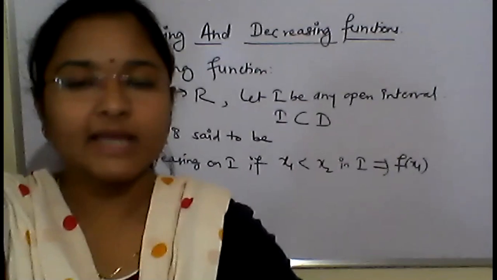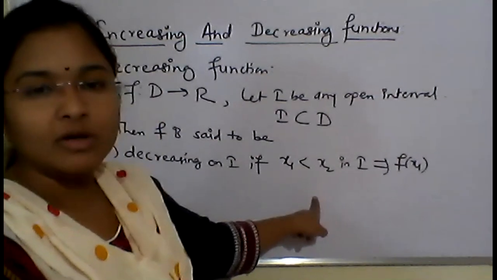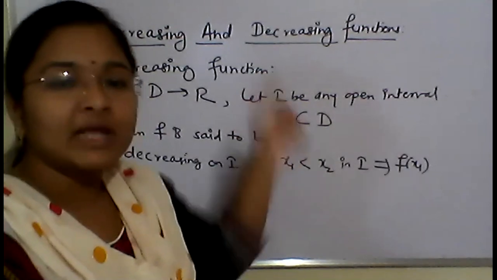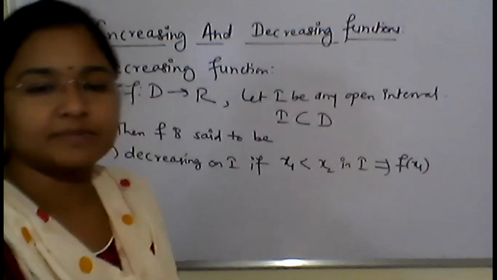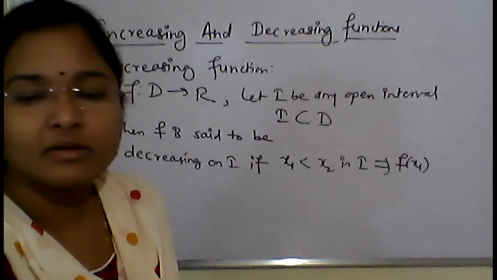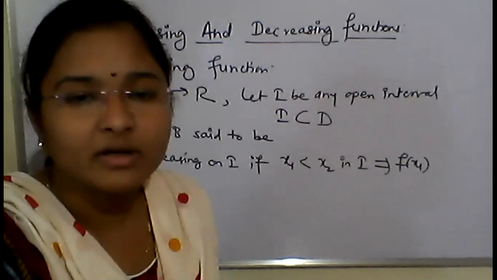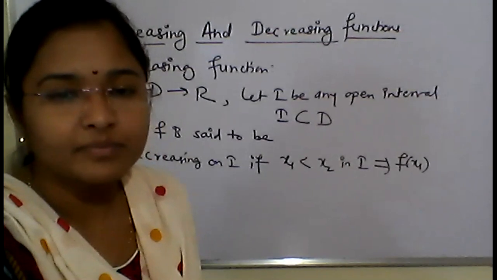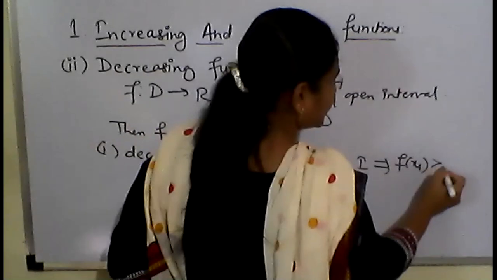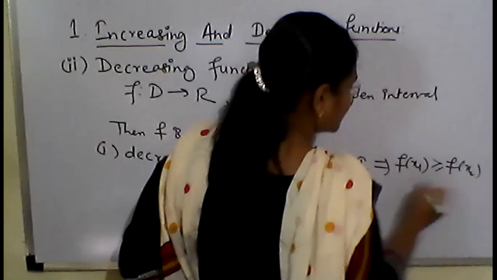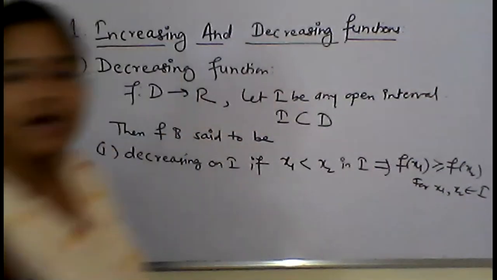In the previous increasing function, for x1 less than x2, we had f of x1 less than or equal to f of x2. Now what will it be for the decreasing function? Yes, f of x1 greater than or equal to f of x2, for x1, x2 belonging to I.